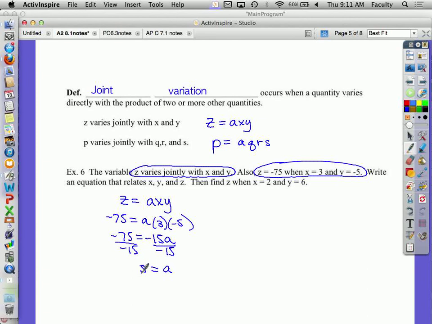A is 5. It says write an equation that relates these. So Z equals 5XY. Please make sure you're boxing these on your homework and on the next quiz and the test. When it says write an equation that relates X, Y, and Z, make sure it's boxed so that I know you know. Then it says find Z when X is 2 and Y is 6.